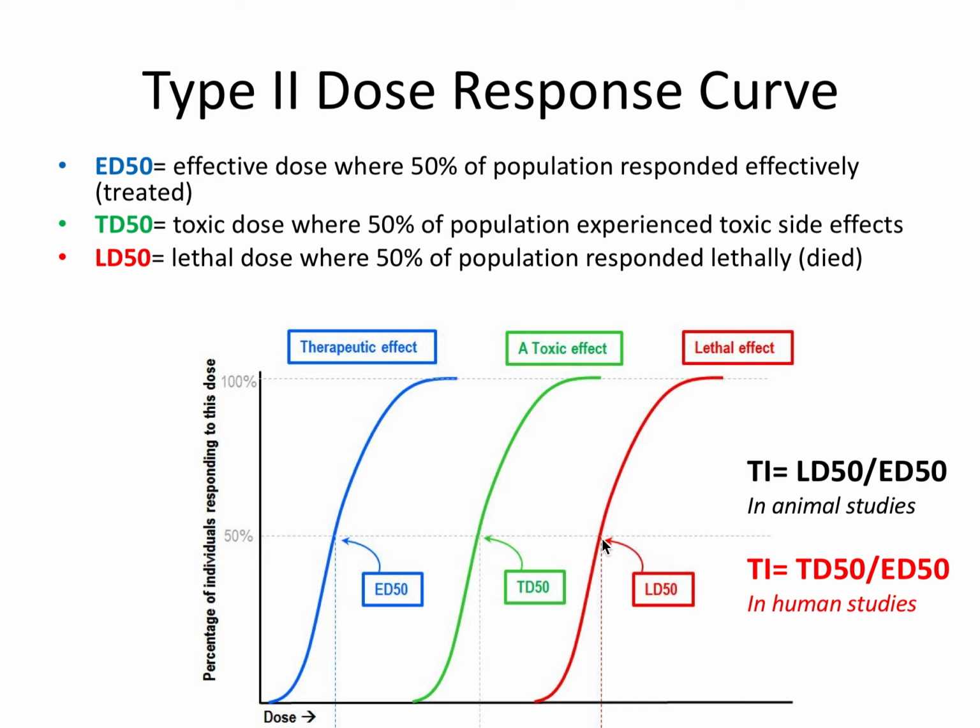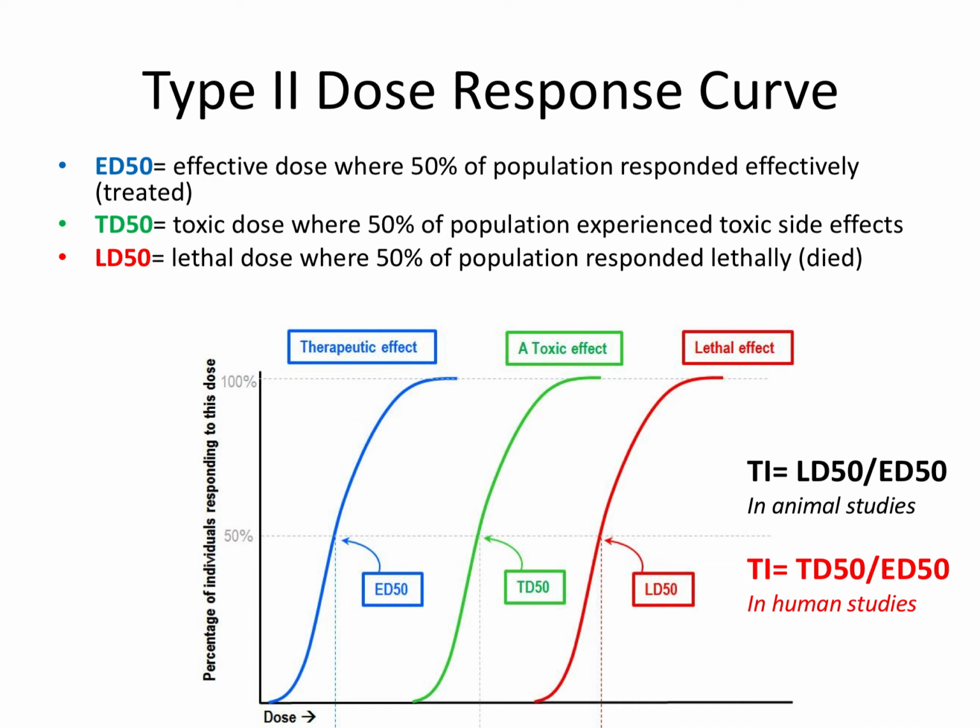And so that's referring to these three values of the type 2 dose response curve, whatever those doses were to get those values. So again, LD50 over ED50 for animal studies, TD50 over ED50 for humans. This is the more relevant one to remember for the board exam.